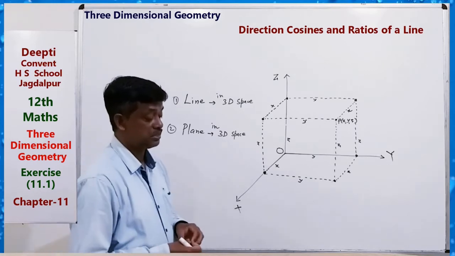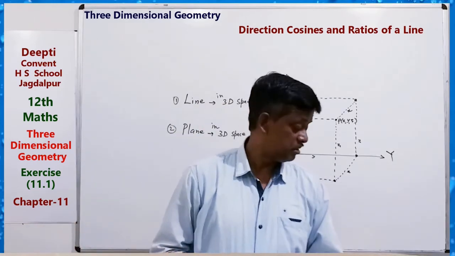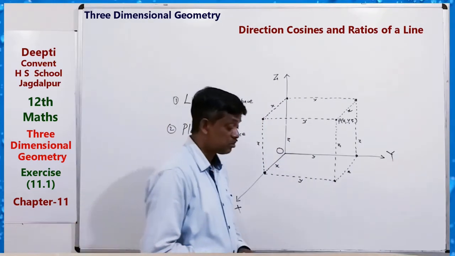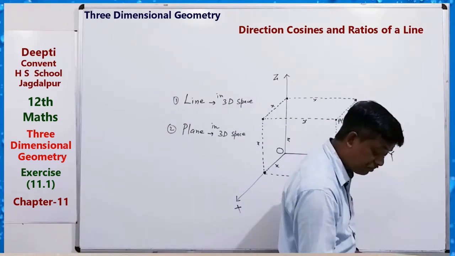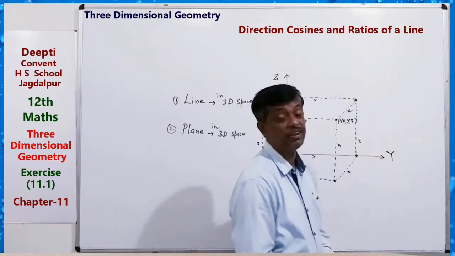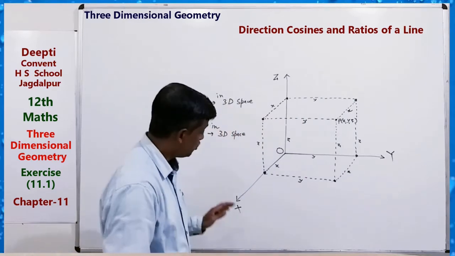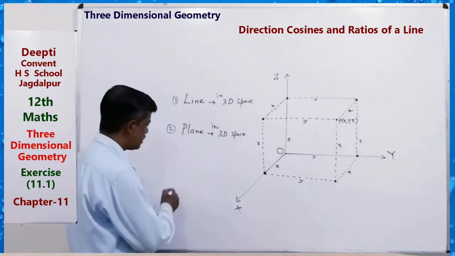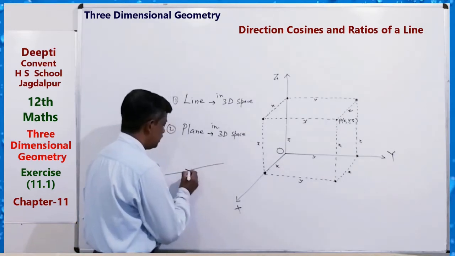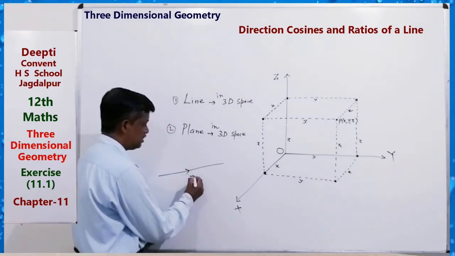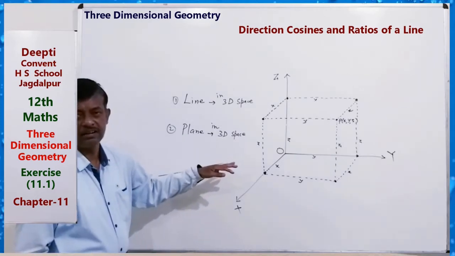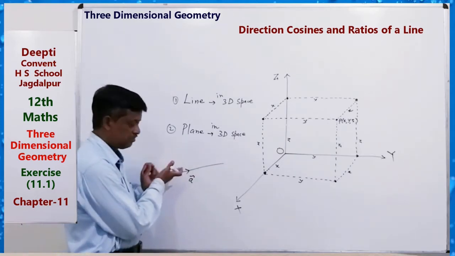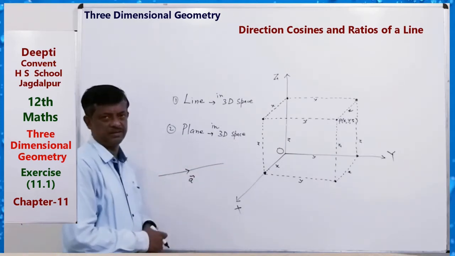So the first topic to discuss is direction cosines and direction ratios of a line. We know the direction ratios and cosines of a vector. A vector is what? A vector is a direction. In this line, this is a vector, which means it is also a line. A vector is a directed line segment.